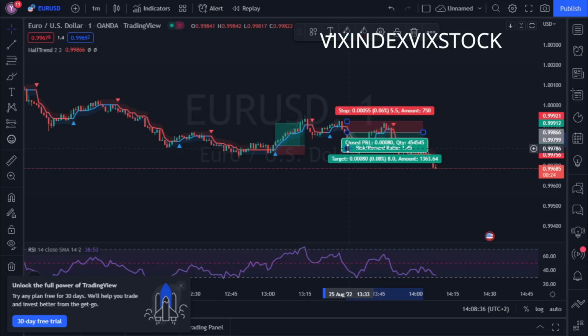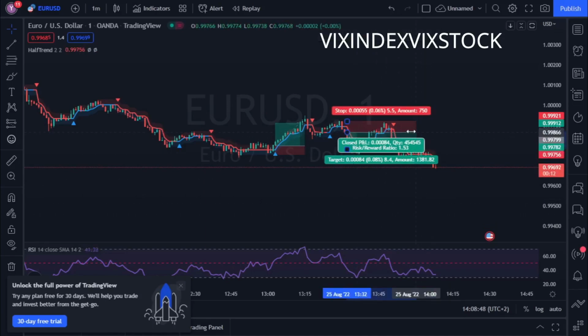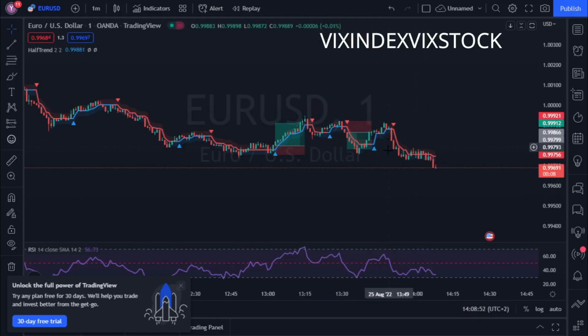Then we aim for our 1:1.5 somewhere there. Our trade is filled. We get out of the market, and that's all that you are looking for with this system.